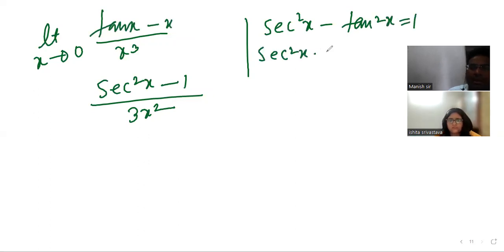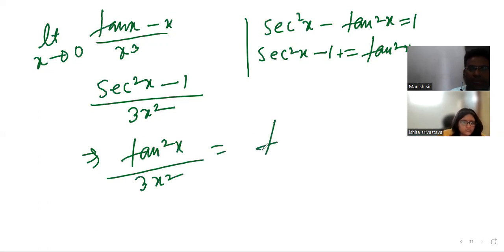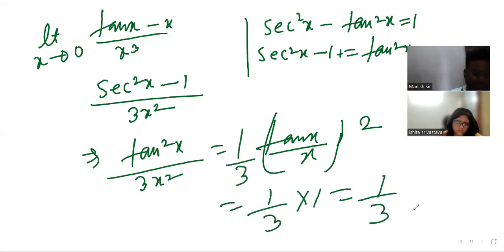So sec square x minus 1 is equal to tan square x. Use this identity here. So it will become tan square x upon 3x square. As we know, tan of x upon x is 1. So it will be 1 upon 3 into 1. So the answer is 1 upon 3. Understood?